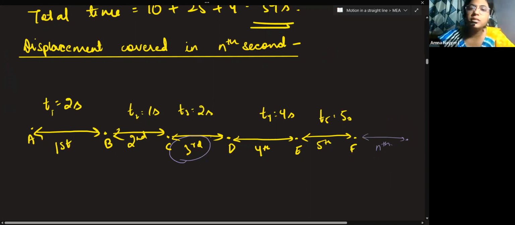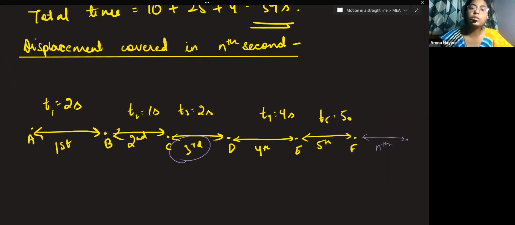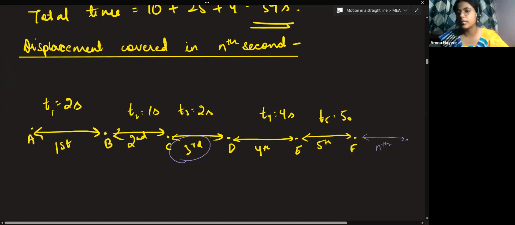For that we have a special equation, which I have already told you. When we use the earlier three equations, V is equal to U plus AT, S is equal to UT plus half AT square, and V square minus U square is equal to 2AS, the times are mentioned to you. For nth second, you have these time intervals.